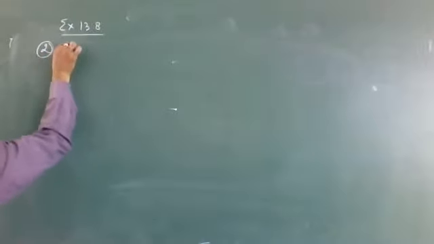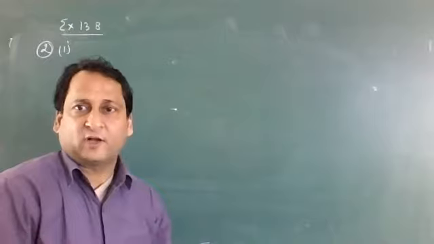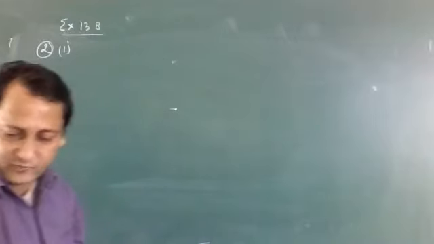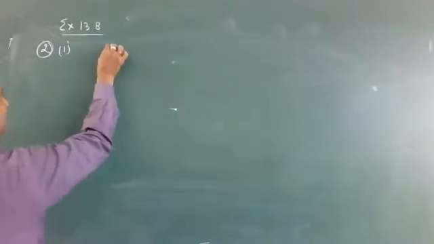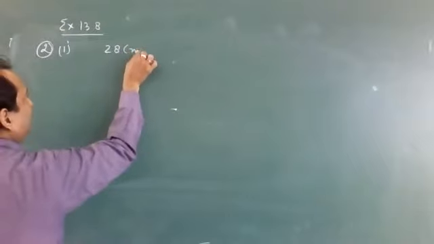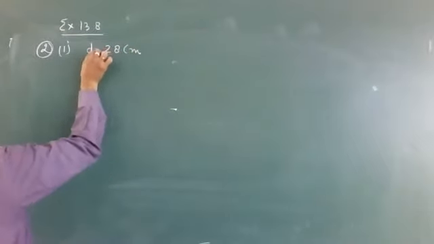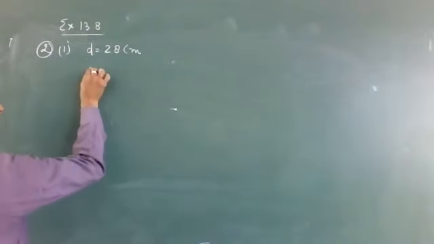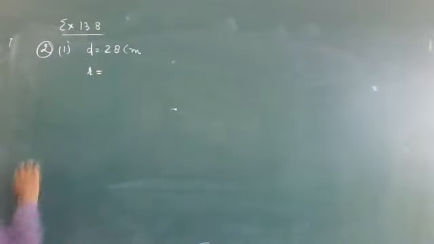Question number 2, part 1. It says find the amount of water displaced by a solid spherical ball of diameter 28 centimeter. We have been given the diameter. We know that the diameter is 2 times the radius.